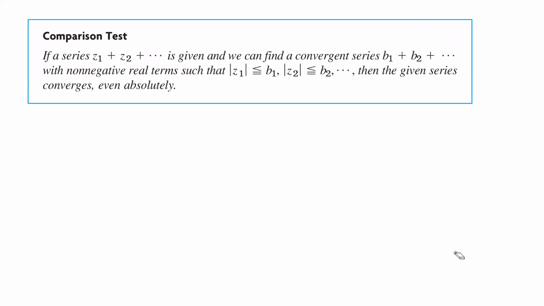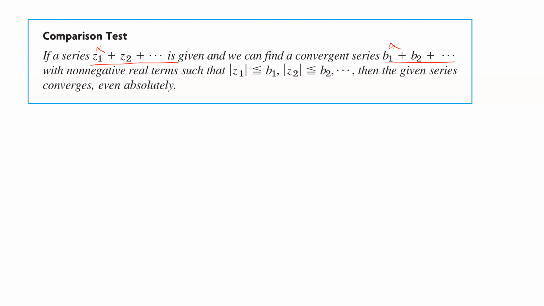For example, if you have a series, you want to see whether it is convergent or not. And you can find another series, it's called B1, B2, B3, and so forth. And that series has non-negative terms, and it is convergent. And each one of these is bigger than the corresponding term in the other one.